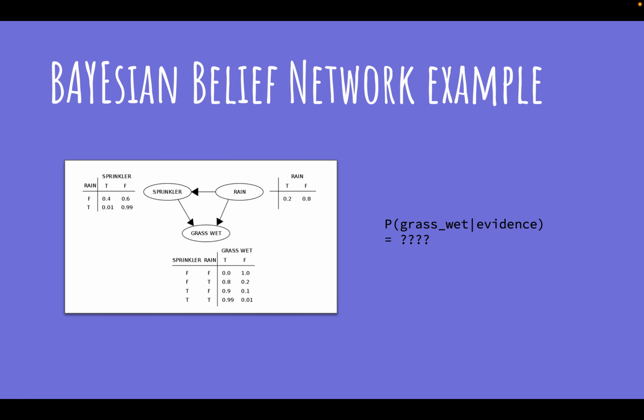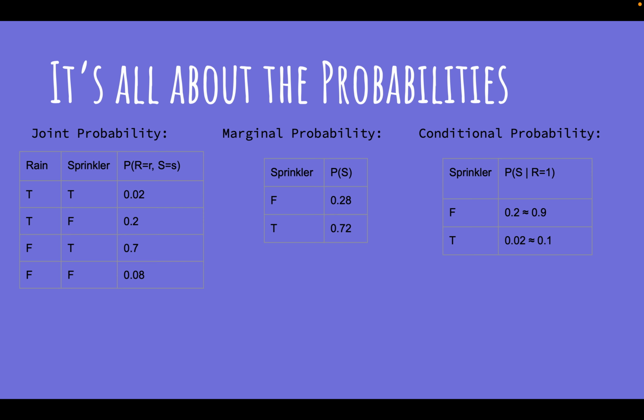So looking at this table, how do we calculate the probability of the hypothesis, which would be, is the grass wet, given the evidence, right? It's still a little unclear, right? So we need to talk about probabilities and ways you can look at these probabilities. All of these things have a joint probability table.